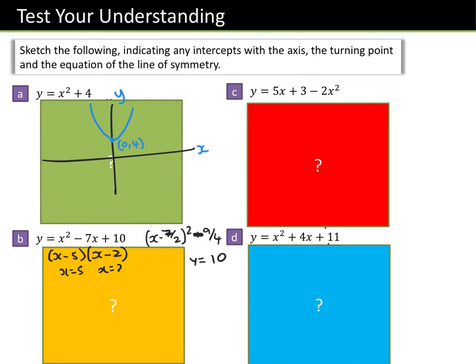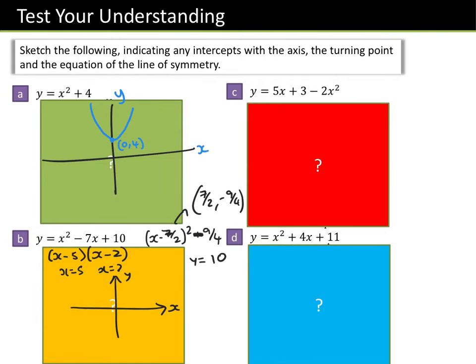Right, back again. So now we have all the points that we need. The coordinates of the minimum are 7 over 2 and minus 9 over 4. So here we have our sketch, with x and y axes. If you don't have that, just mark your homework as wrong right now because that's not acceptable.